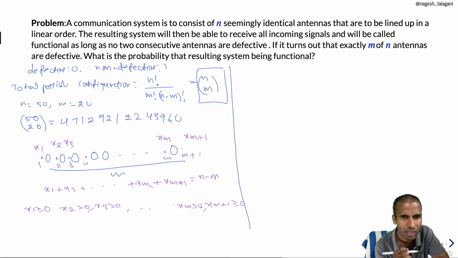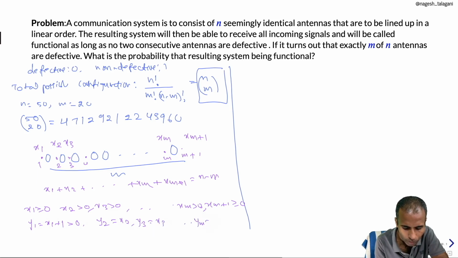Now let's convert the original equation so that we look for positive integer solutions. Let me take the transformation y1 equal to x1 plus 1 so that it is positive. Now y2 is the same as x2, y3 is the same as x3, so on, ym is the same as xm, but ym plus 1 is xm plus 1 plus 1.